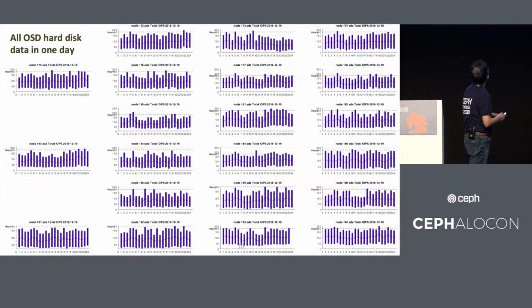And this is the log for all the OSDs in 1 day. It tells similar information: the OSD disk, without the cache data, is over 100 IOPS every disk, all the time.